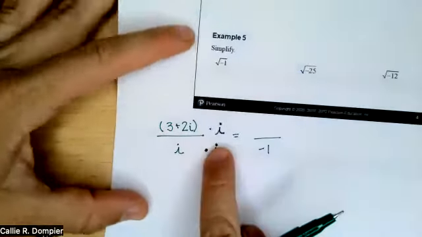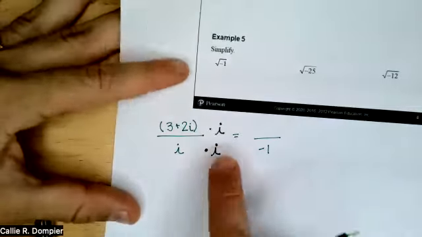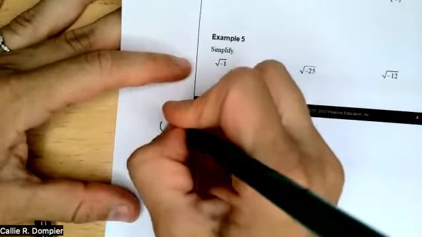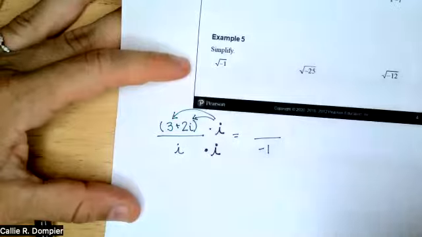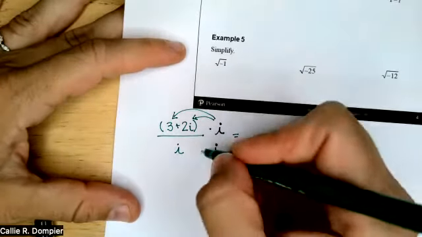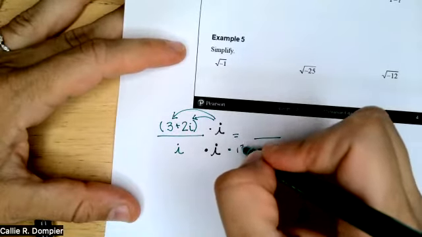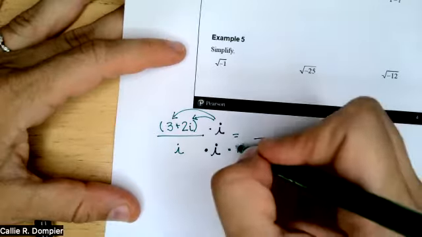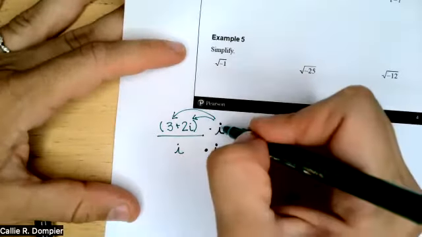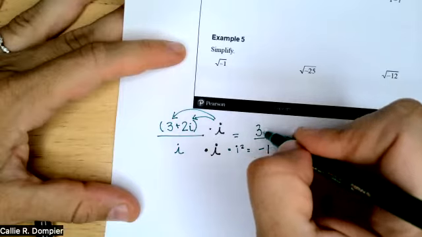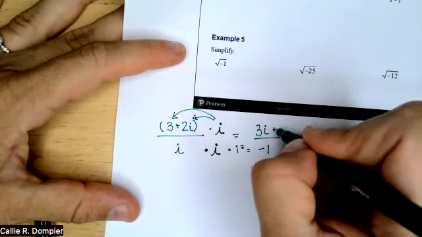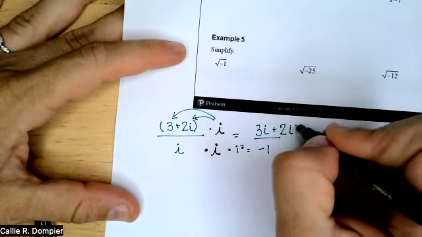Here, we're just going to take both terms of the binomial and distribute the i to both of them. So i times i becomes i squared, which we translate to -1. Here I'm going to distribute the i: 3i plus 2i squared, right?